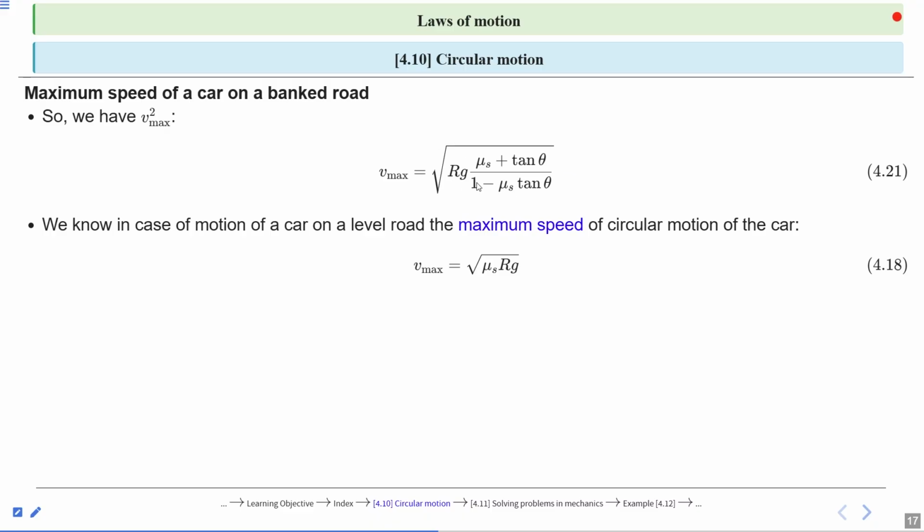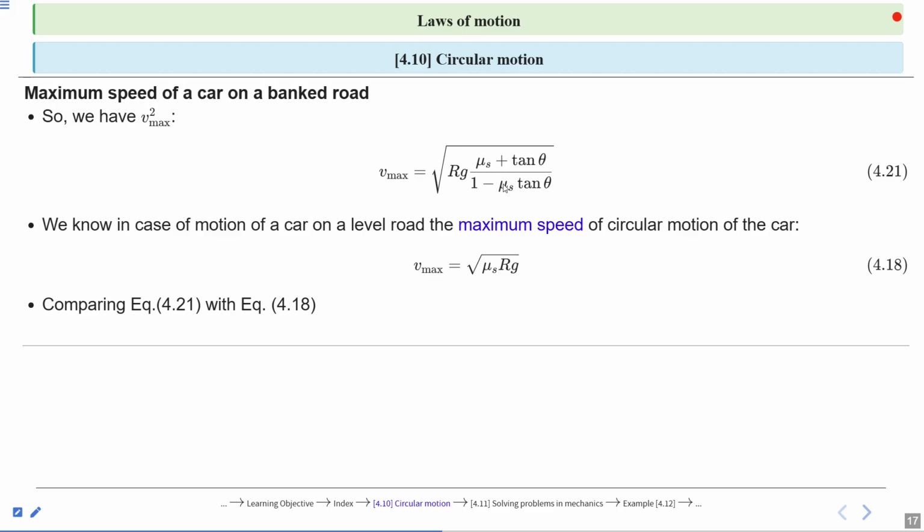So both are the maximum speed for different cases: equation 4.21 for the car on a bank road and 4.18 for a level, flat road. Got it? Both equations 4.21 and 4.18 are important.